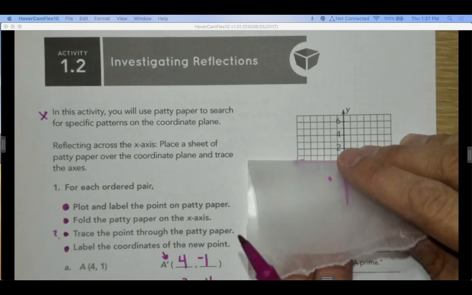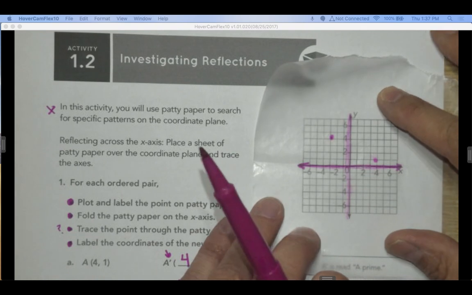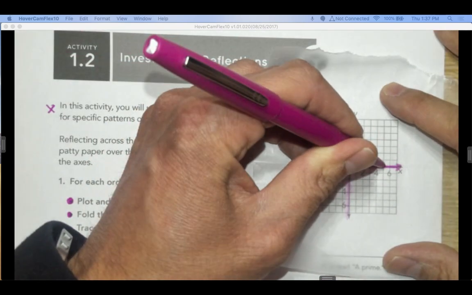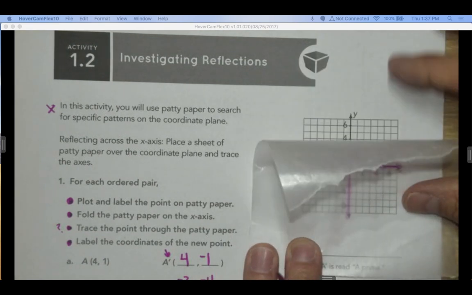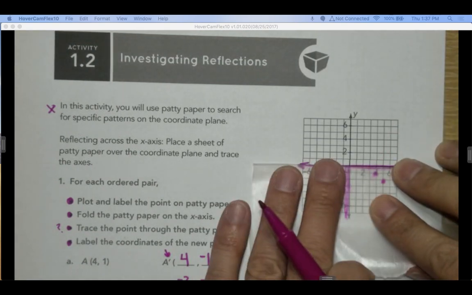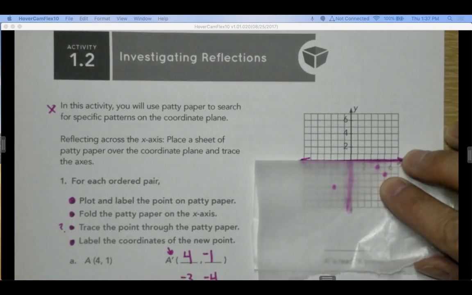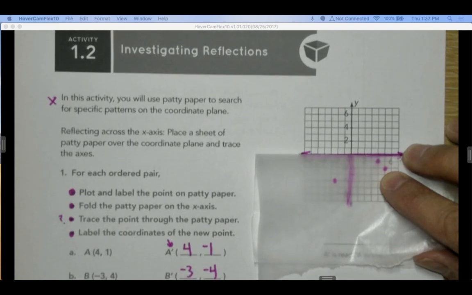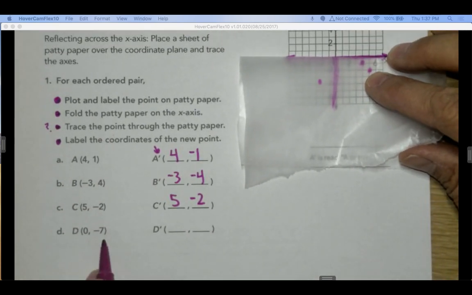Next one is C. And C, I go to 5 and then 2. So I go over to 5 and then I go to 2. Once I'm at 5, 2, then I fold it over the x-axis and I would be at 5, -2. And then the last one that we have here is 0 and -7.